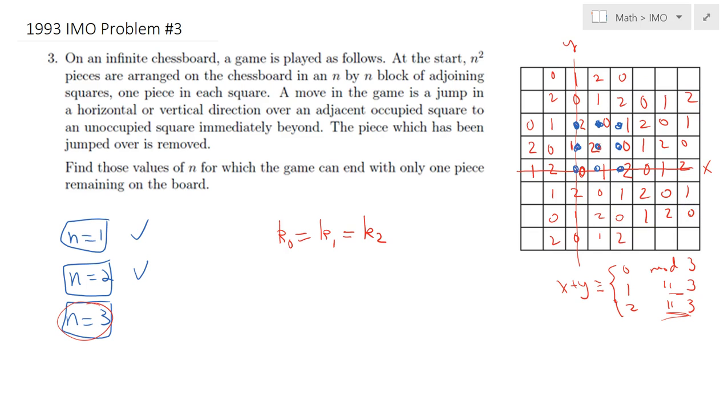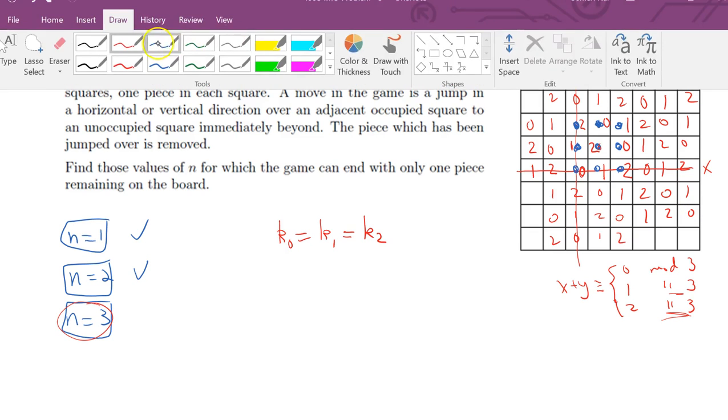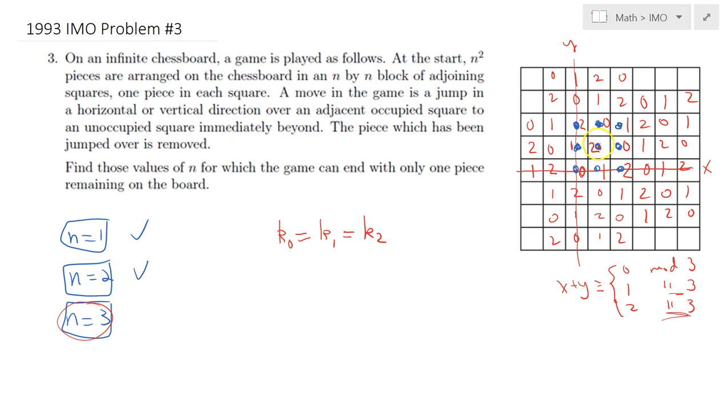1, 2, 0. Okay, so once we start eating the pieces, for instance, let's say that this piece here eats this piece. What happens as a result? These two pieces will disappear and we would have a new piece here. So the count of this one will go down by 1, the count of this one will go down by 1, and this one will go up by 1. But what has not changed?